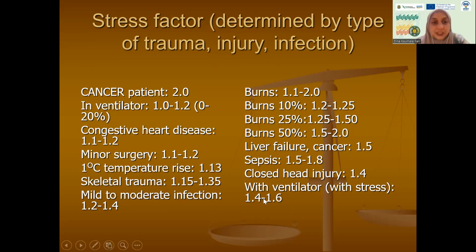From here, you can see that it requires twice the energy of the basal metabolic rate, so we multiply it by 2.0. And this is the other stress factor. You can see that most sources mention that cancer and burn have the highest stress factor.